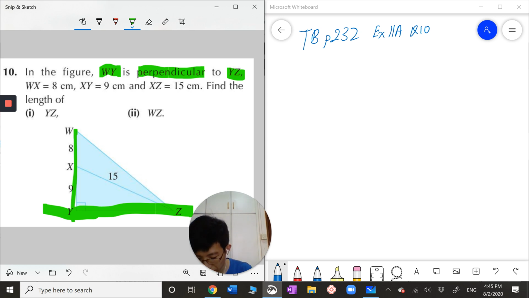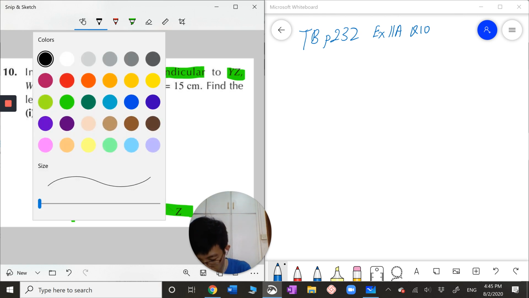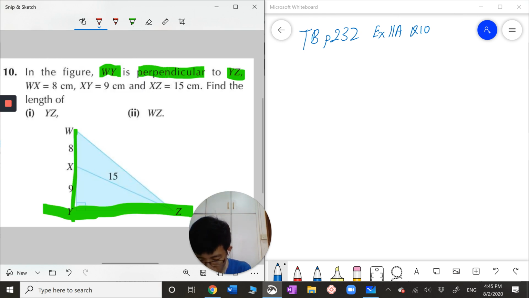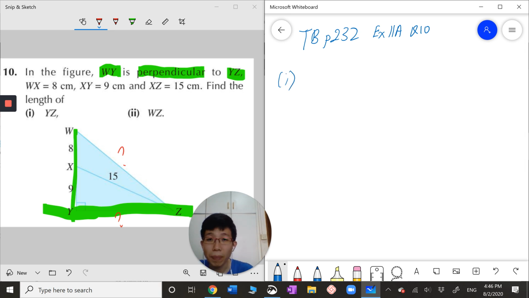So you put down the question mark that you want to find: YZ question mark and WZ question mark. You go in sequence. First thing, write down part 1 because you're doing part 1. If the diagram is so confusing, it will be good for you to draw out the diagram separately.